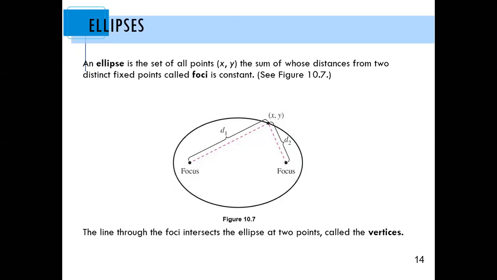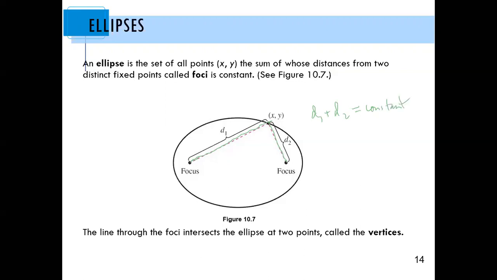An ellipse is the set of all points such that the sum of the distances from the two foci is a constant. Like this distance right here, d1, and this distance right here, d2: d1 plus d2 is always some constant.